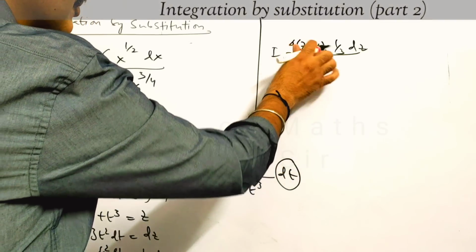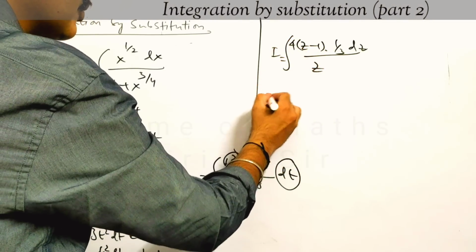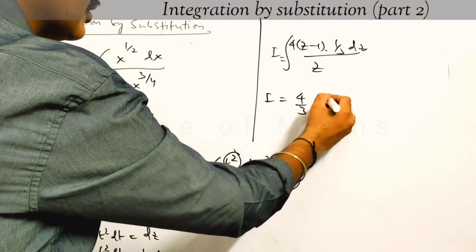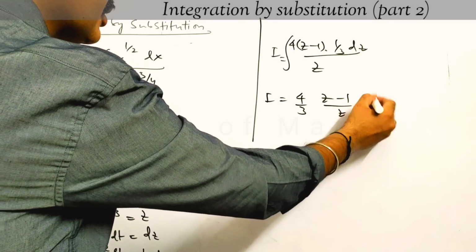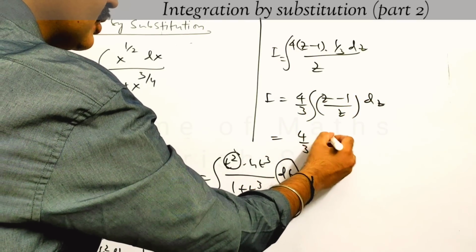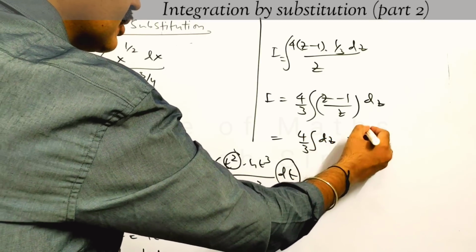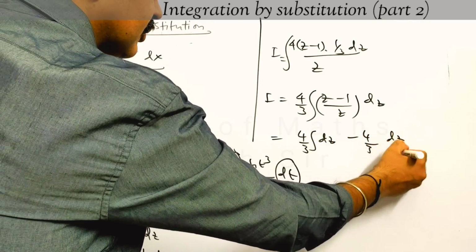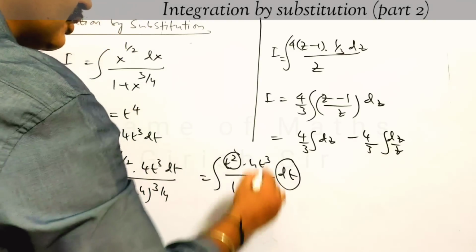So it should now be equal to 4 by 3 z minus 1 by z dz, which I could write as 4 by 3 dz as first integral and this as the second integral.